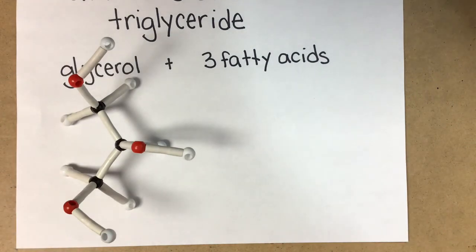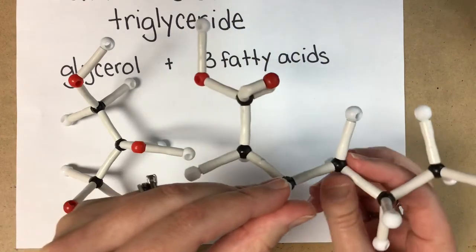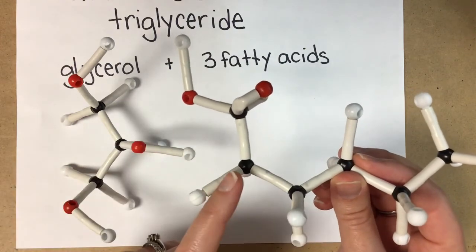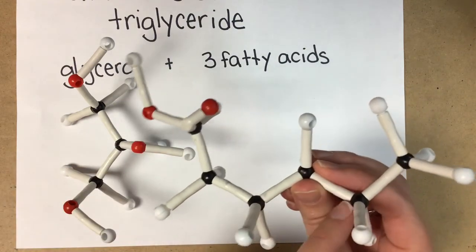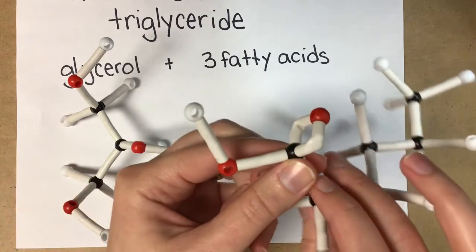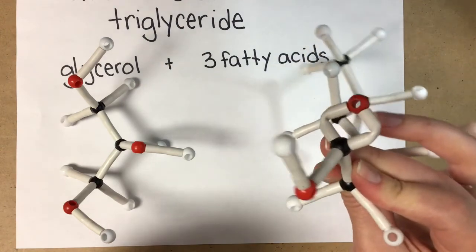So I'm going to bring in one of my saturated fatty acids. I made this particular one a little bit longer than the one that we had in the previous note. So you'll notice that this one has 1, 2, 3, 4, 5 carbons there. And then again, kind of looking at the carboxylic acid functional group and getting a good look at that.